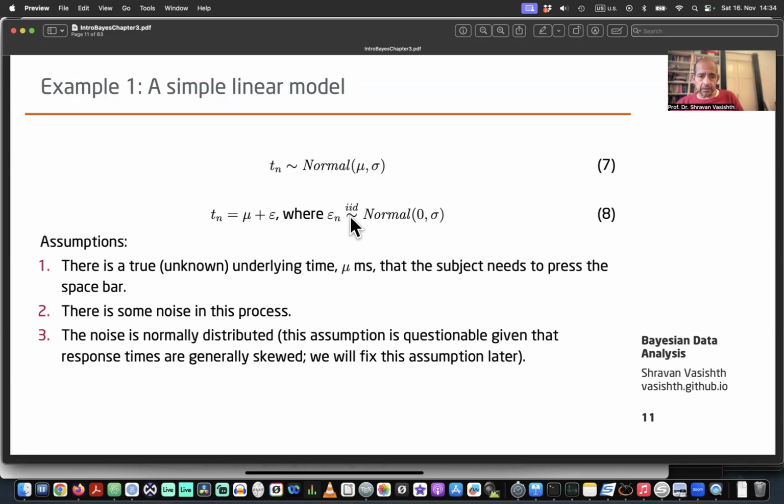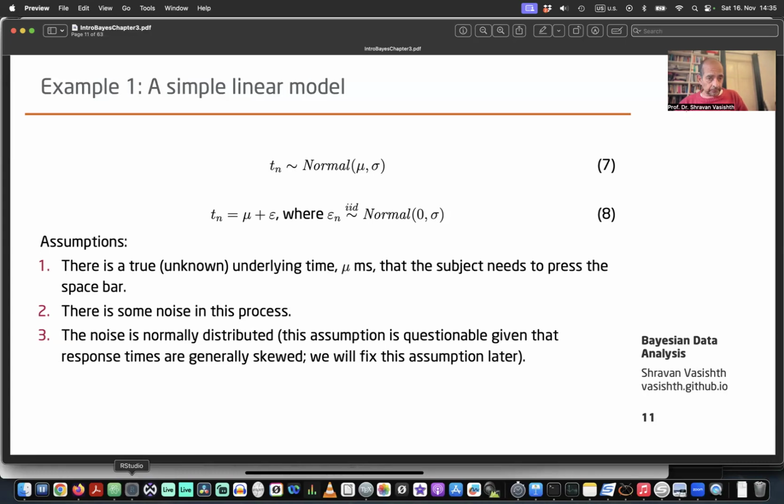These residual terms are going to be assumed to be independent and identically distributed. That means every one of those n residual terms is going to be independent of every other residual term and identically distributed, right? So there's one very convenient function for checking whether you have correlation in the residuals.